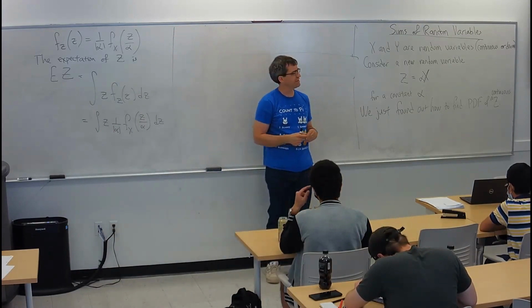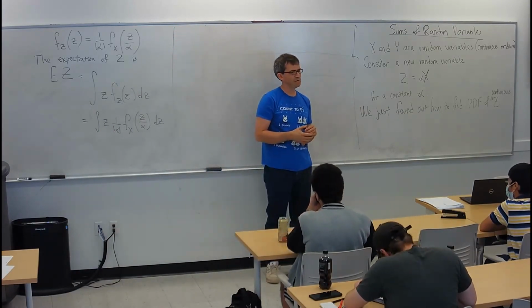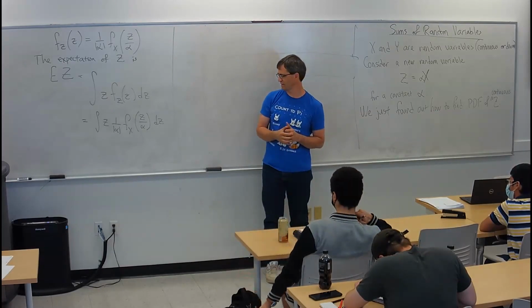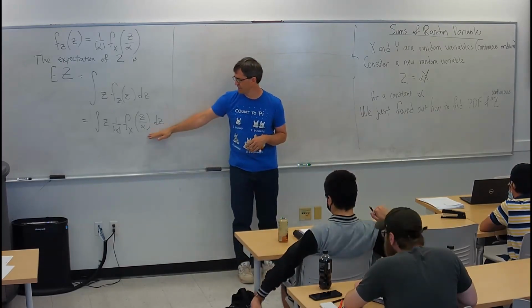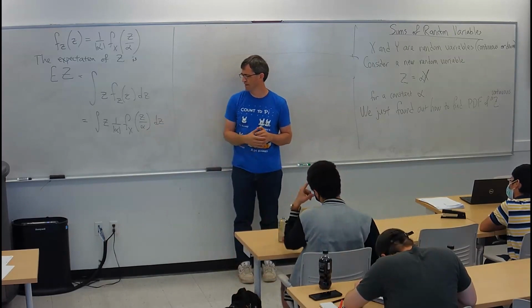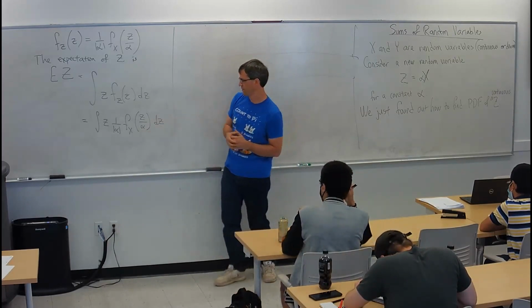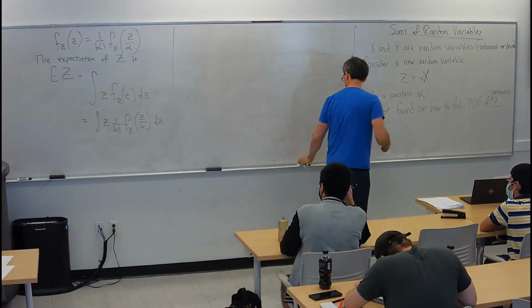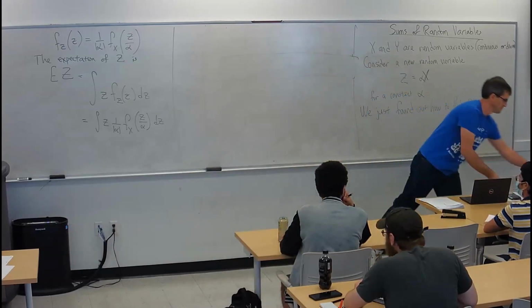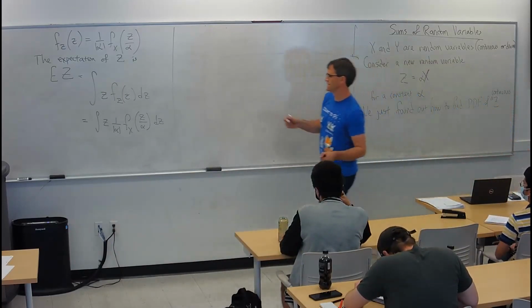That does not look obvious how to integrate, so what we'll do is make a u substitution, because even though I don't know how to integrate this, I do know something about x. So I'm going to set u equal to z over alpha.